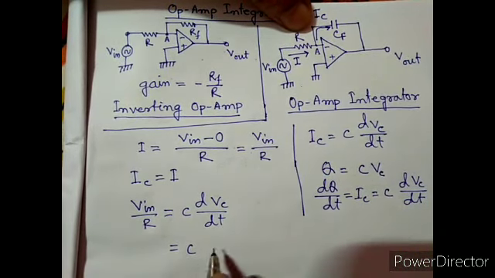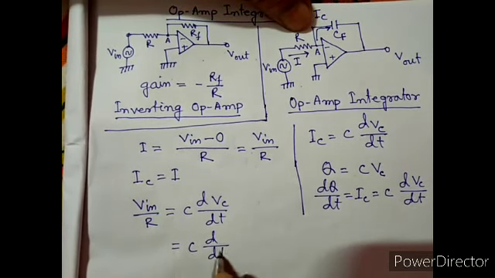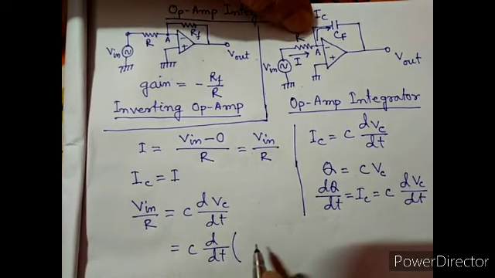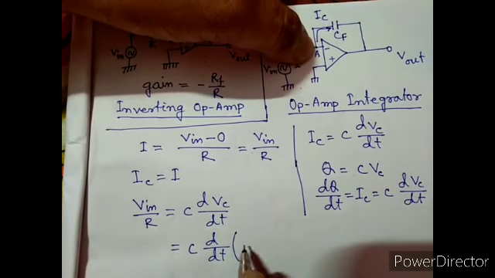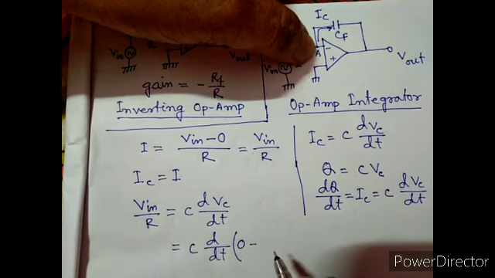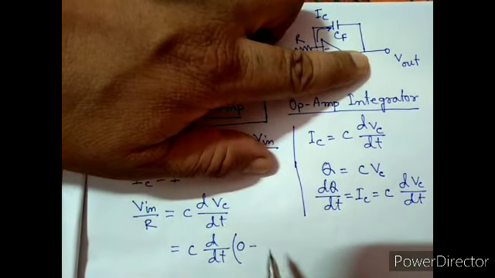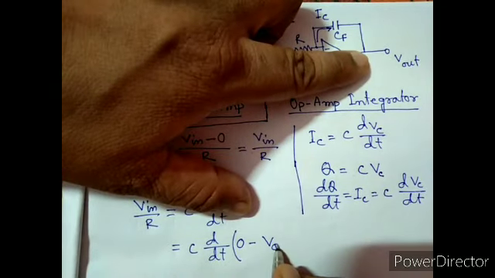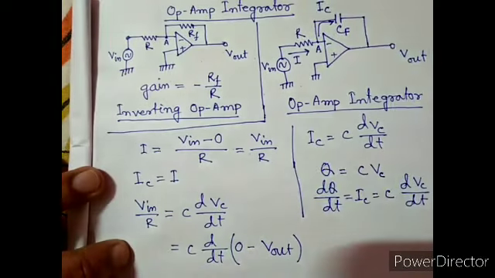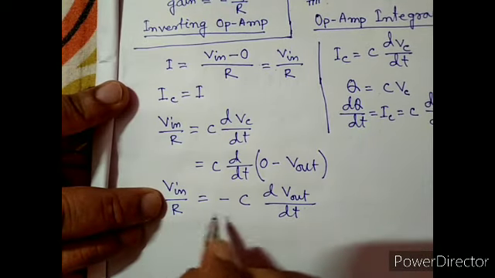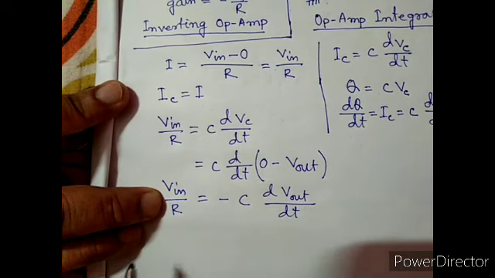So we can write C d by dt of the potential at this terminal, that is 0, minus the potential at the output terminal, that is Vout. So Vin by R equals minus C dVout by dt.